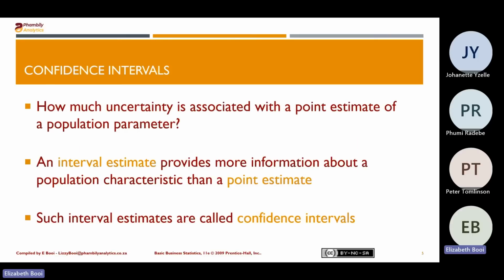So with confidence interval, we actually want to know how much uncertainty is associated with that point estimate of a population parameter. And an interval estimate provides more information about the population characteristics than a point estimate. And I explained all these things in the beginning. And when we do all this, finding those interval estimates, we are doing what we call confidence intervals.